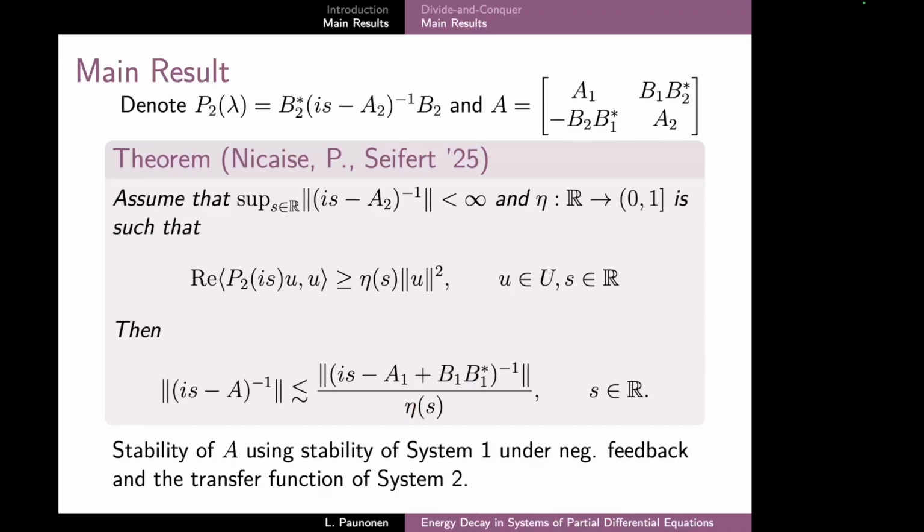And this achieves our goal indeed in describing the stability properties of the coupled system in terms of system 1 and system 2.